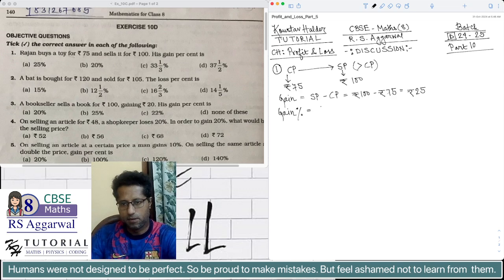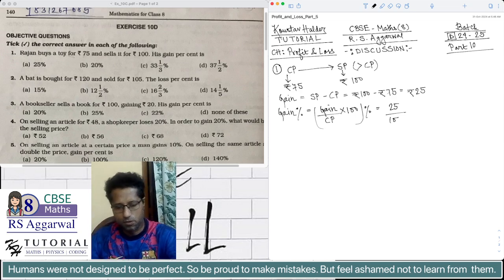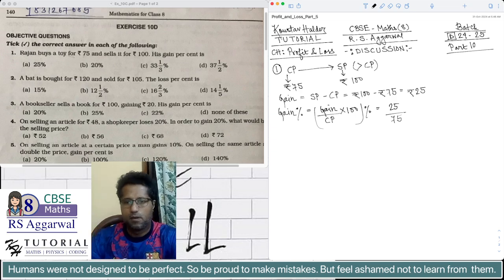So gain percent is gain divided by cost price and multiplied by 100, this much percentage. So we have gain is 25, cost price is 75, and multiplied by 100, this much percentage.